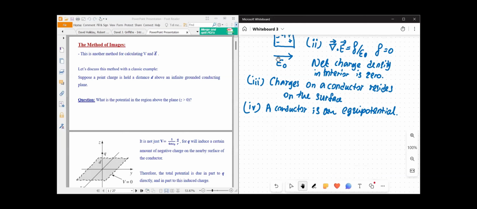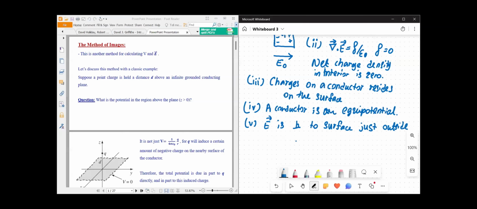Once these charges move to the surface, the electric field generated by these charges is perpendicular to the surface just outside the conductor.